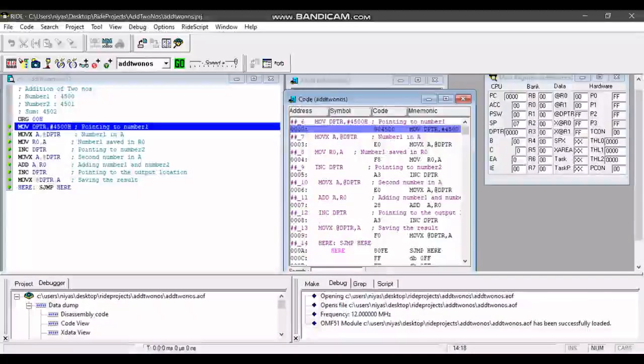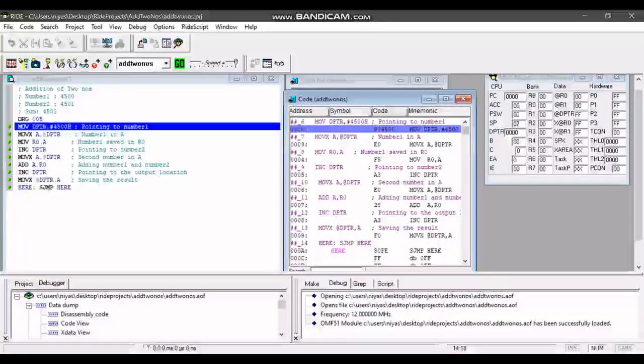So when we write MOV DPTR, #4500, there is an assembler sitting there which converts this into the language of numbers. It is like you want to communicate between two people, but one understands only English and the other understands only Hindi. So you will have an interpreter in between who will take what the first person is saying in English, translate that to Hindi and give it to the other person.